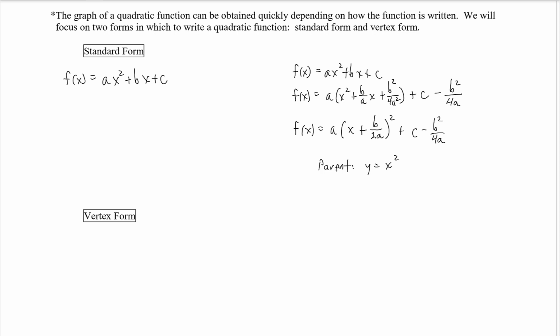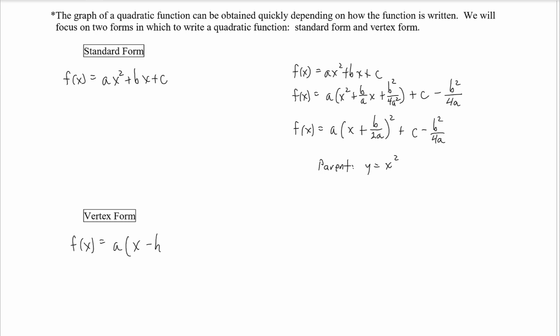So instead, often the way vertex form is written, we leave the a, because the a that's here is the same a that's in standard form. So we might as well use it. They're the same number. But instead of plus b over 2a, we typically replace b over 2a with negative h.